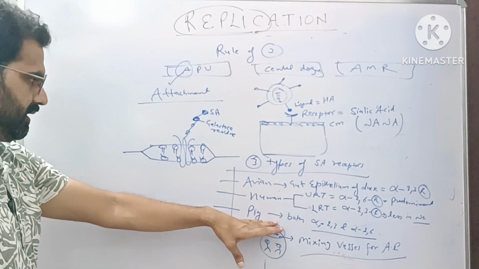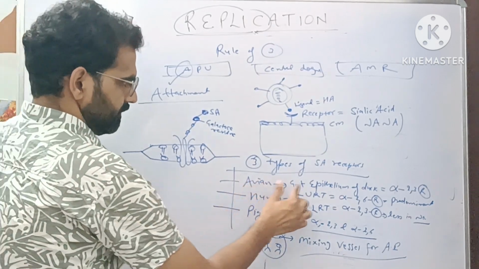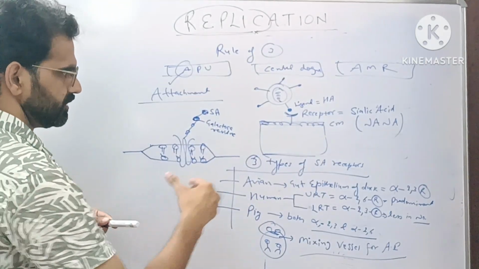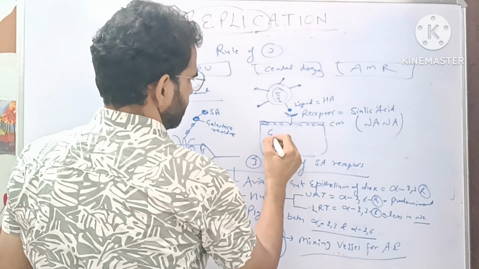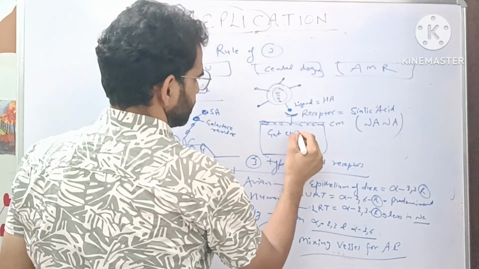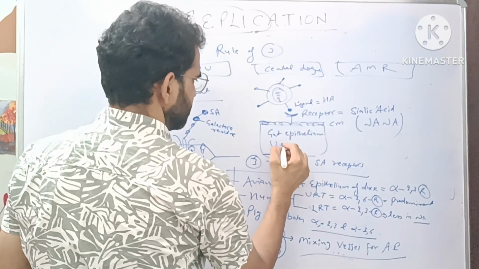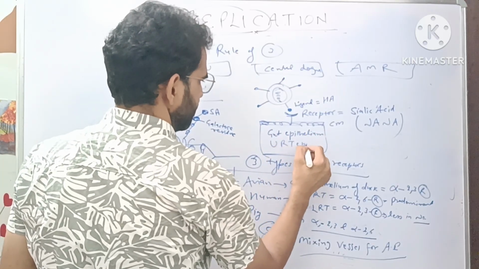Mixing vessels are the pig. So birds contain the alpha 2,3 receptor at this place. Suppose this cell is gut epithelium in case of birds, and this in case of human is upper respiratory tract epithelium.